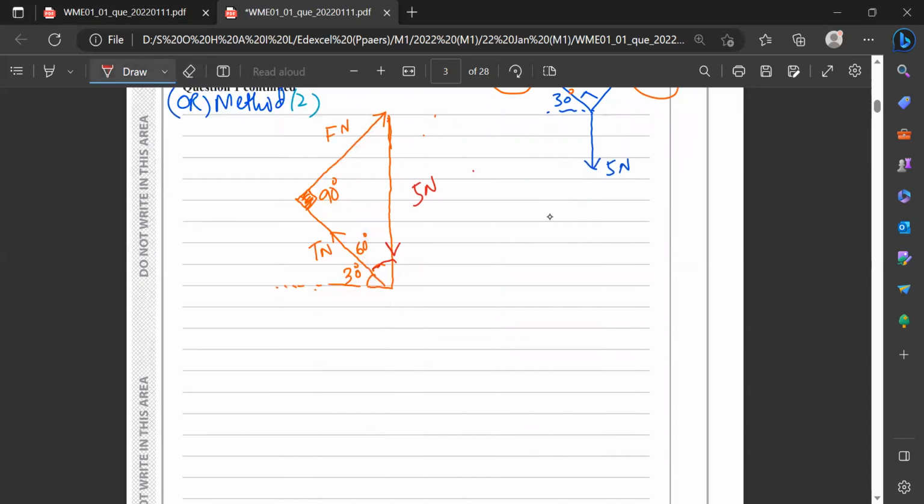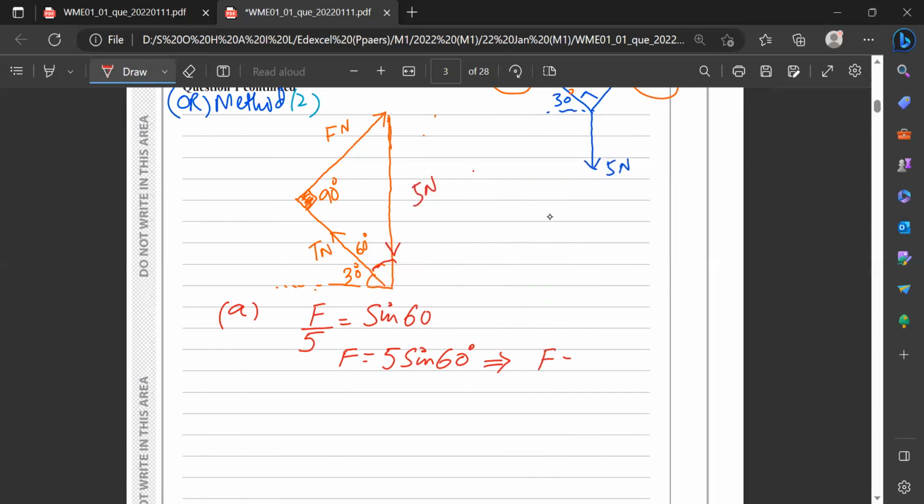Let us find F. A part was to find F. F is opposite. F over 5 is sine 60, and F is equal to 5 sine of 60. 5 sine of 60 is 5 root 3 over 2.